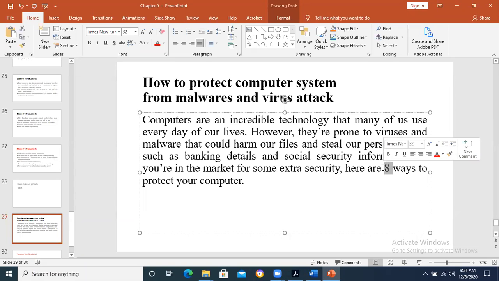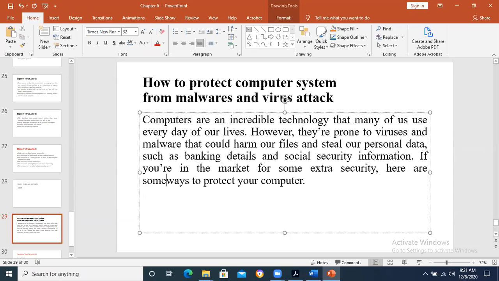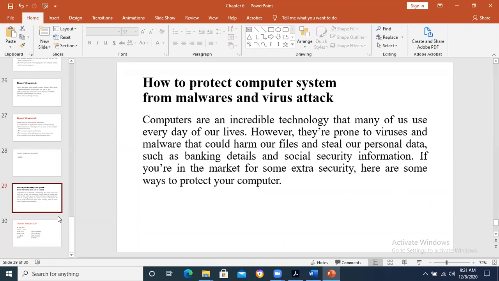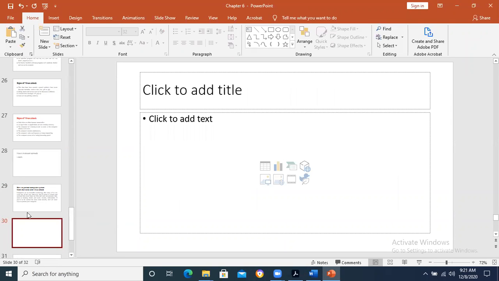Not necessarily eight or five, there are basically some ways that you need to follow if you want to protect your computer system. If you follow these steps, your data and your computer system will be protected. If you do not follow these steps, then definitely you will always be at risk.